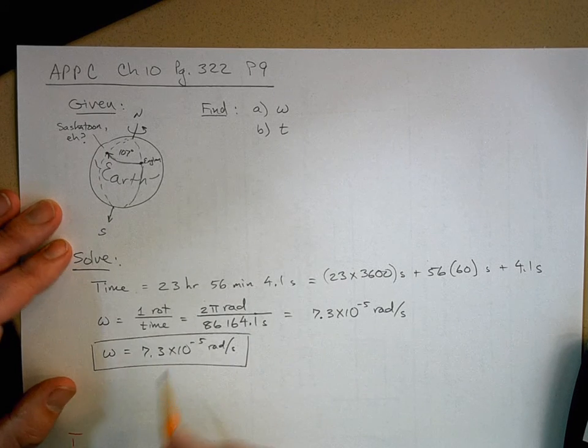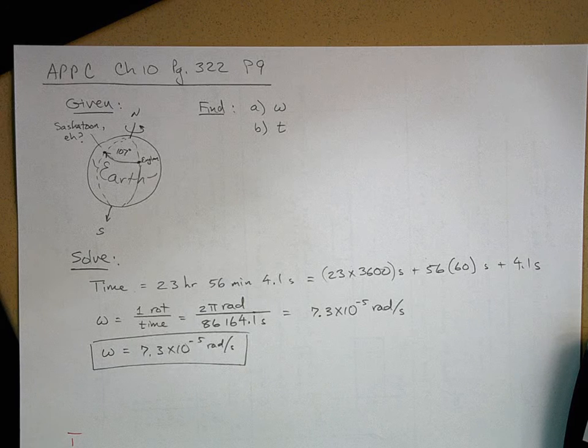Actually, if you round off to two significant figures, you probably get the same answer if you use 24 hours. Not that big a deal. I just wanted you to know that the Earth does not rotate on its axis once every 24 hours. It rotates a little bit more because it's moving around the sun.